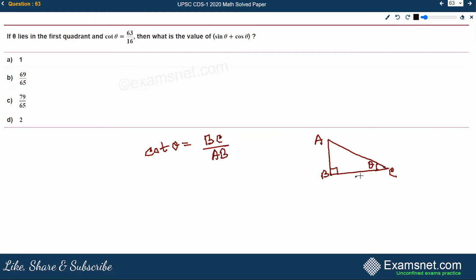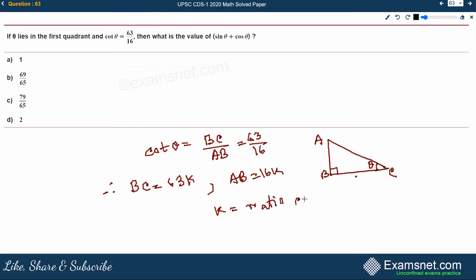BC by AB is given as 63 by 16, so we can assume BC as 63K and AB as 16K, where K is the ratio constant.